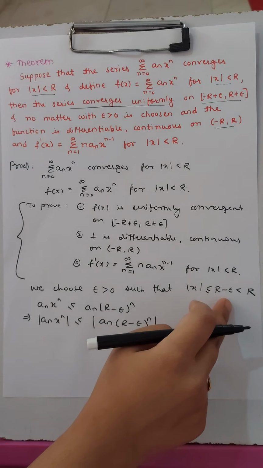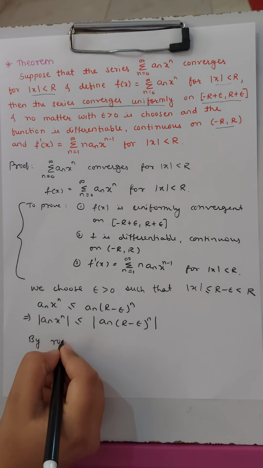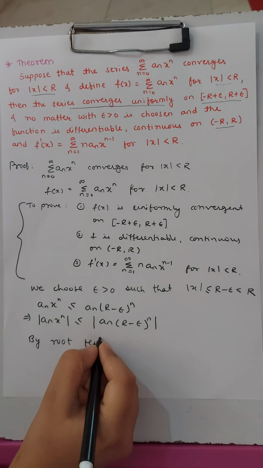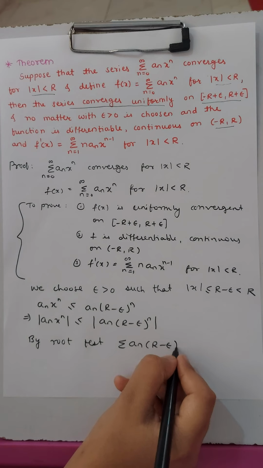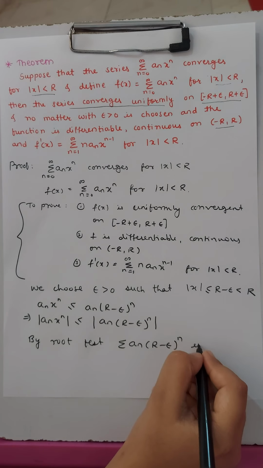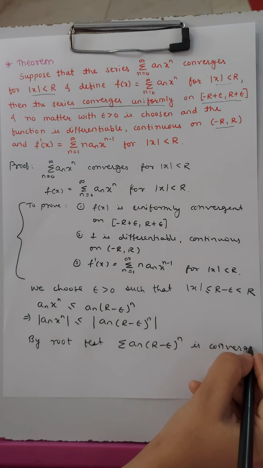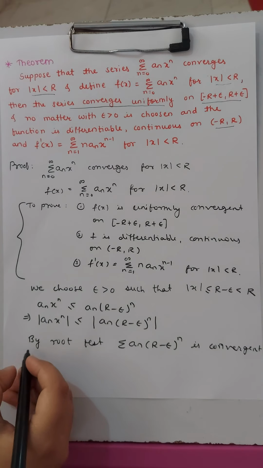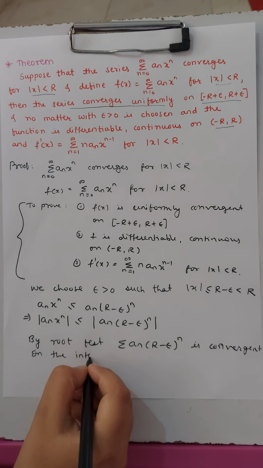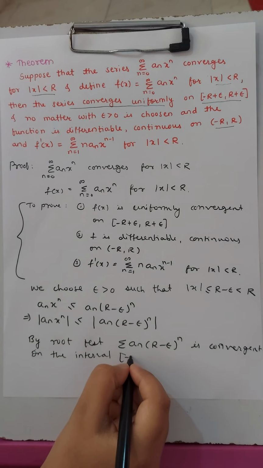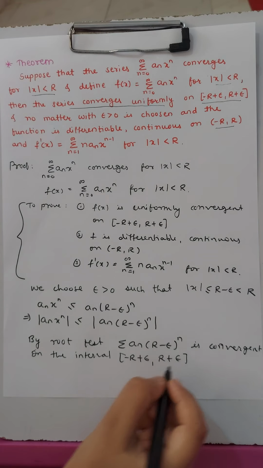So we write by root test, this series summation a n r minus epsilon to the power n is convergent on the interval minus r plus epsilon to r plus epsilon.